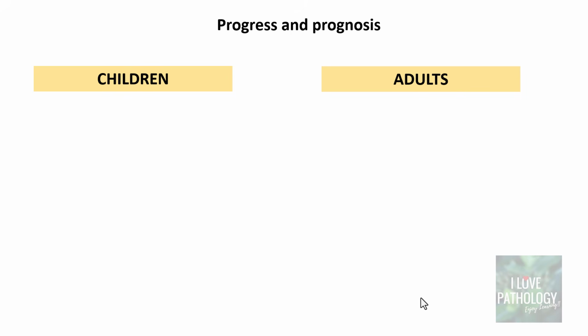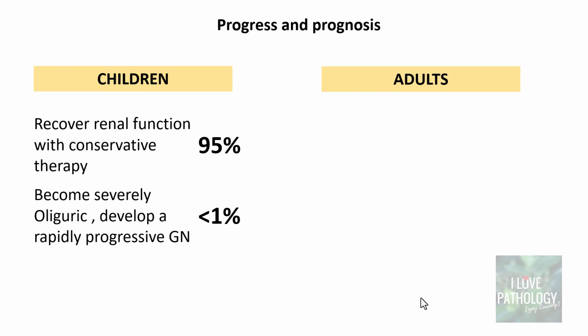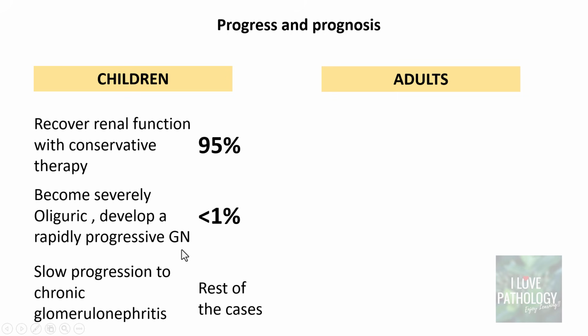What is the prognosis? It depends upon whether we are dealing with children or adults. In children, in the majority of cases, 95% of the cases, they recover renal function with just conservative therapy. In less than 1% of cases, they become severely oliguric, develop a rapidly progressive glomerulonephritis, and in the rest of the cases, there will be slow progression to chronic glomerulonephritis.